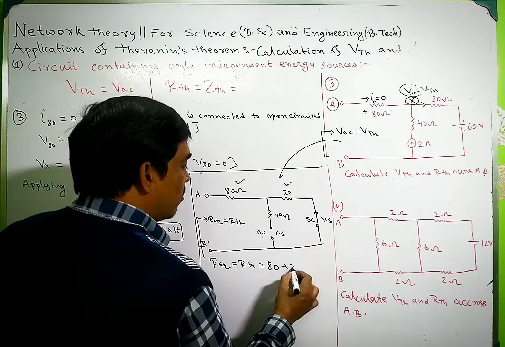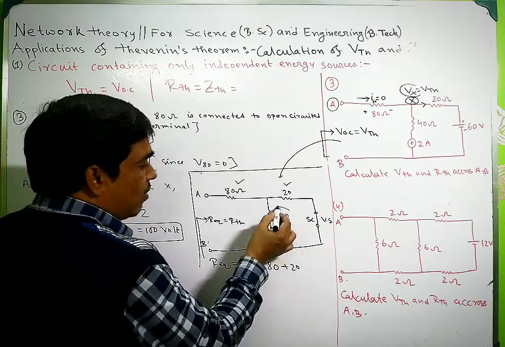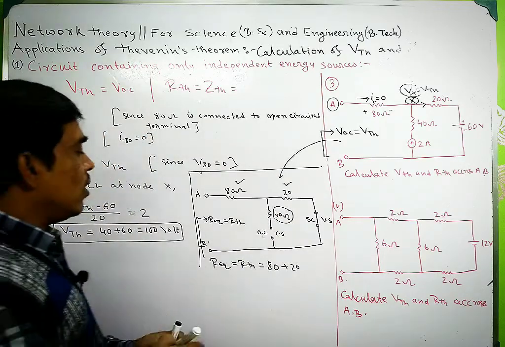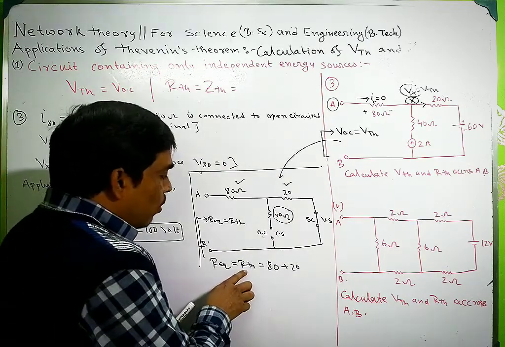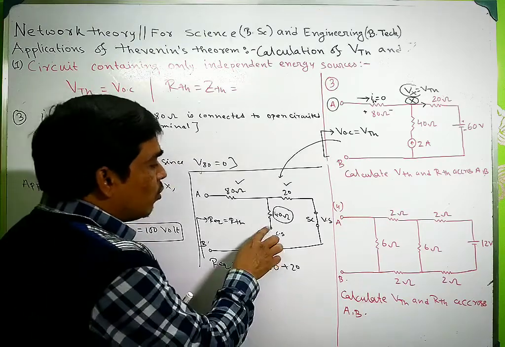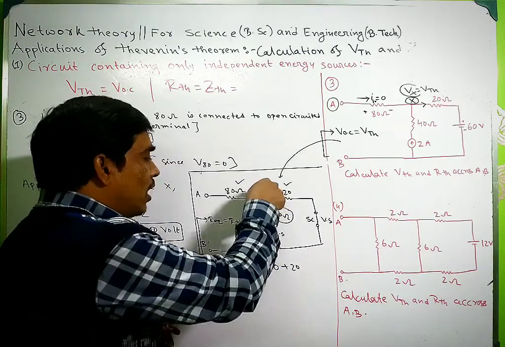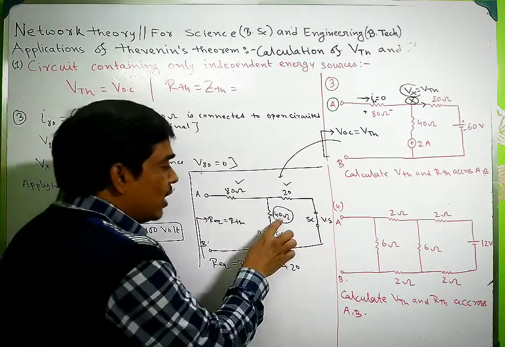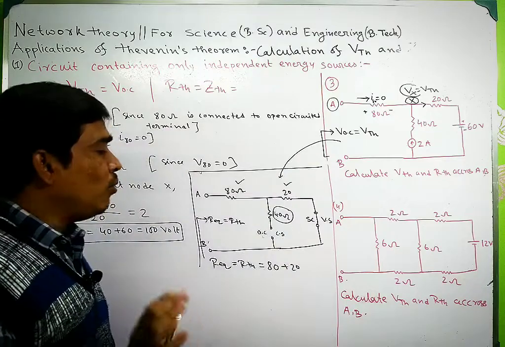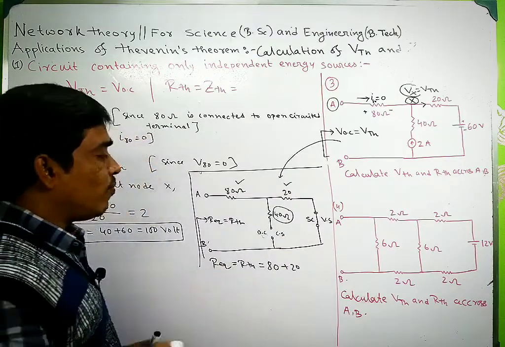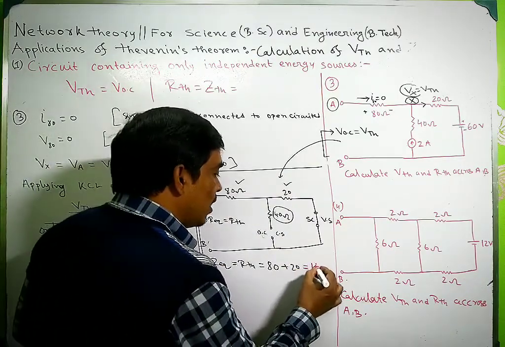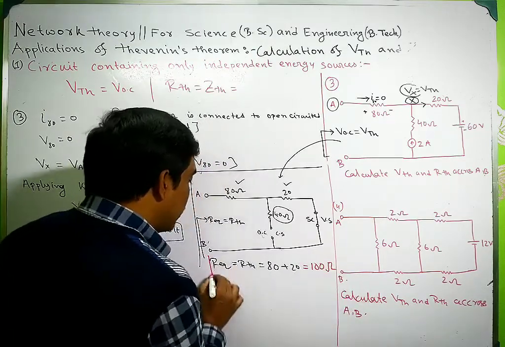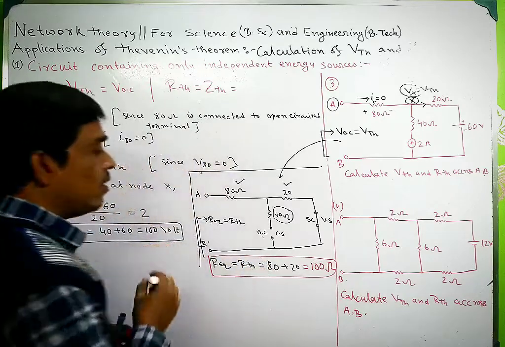The 40 ohm resistance is not included in the calculation of RTH because this is the open circuited terminal, so there is no current flowing through this 40 ohm resistance. So it will be 100 ohms. So RTH is 100 ohms.